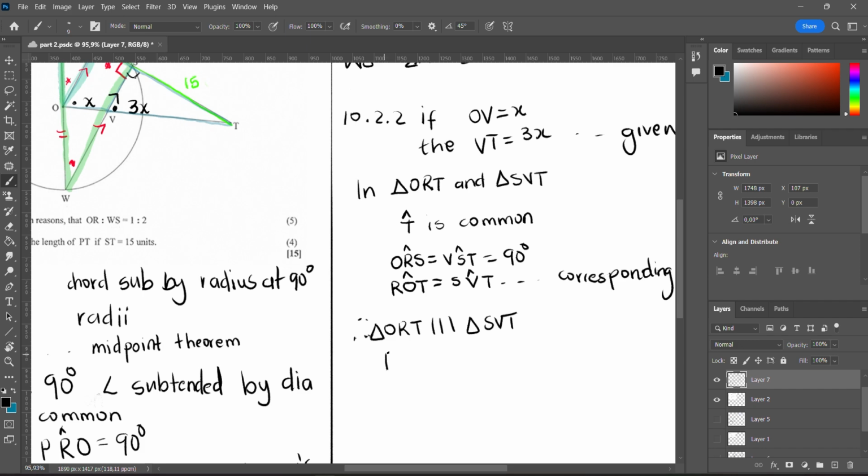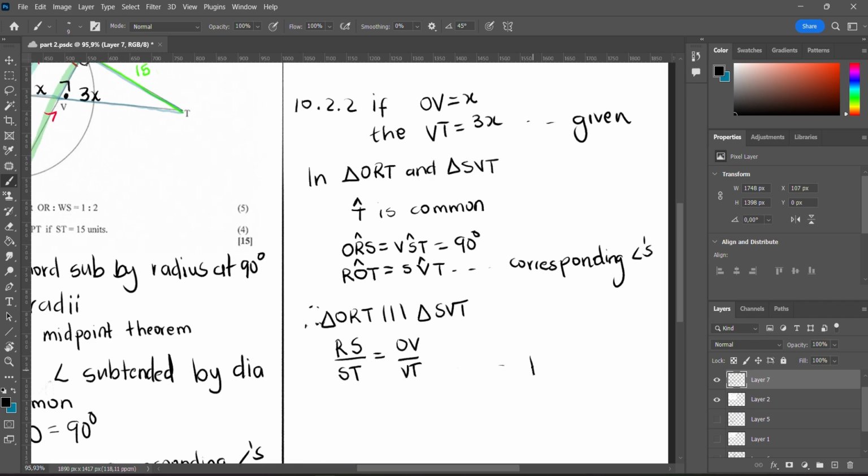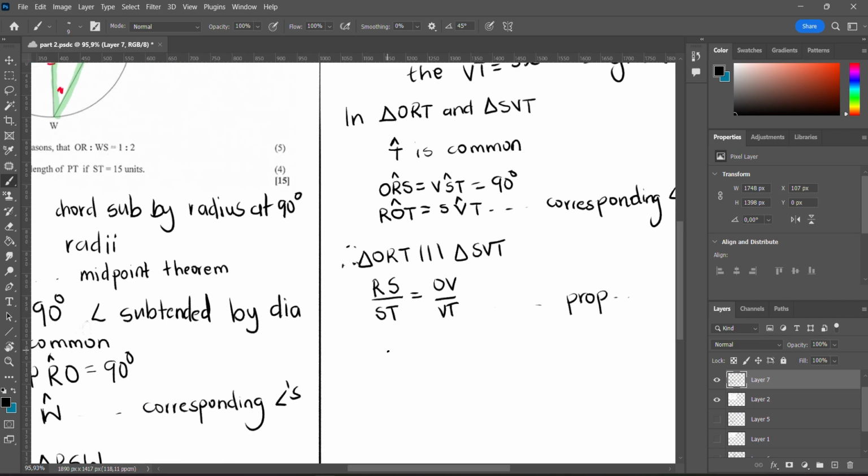So RS over ST equals OV over VT, and this is proportion, right? So now we know that RS over ST equals X over 3X, which equals 1 over 3.